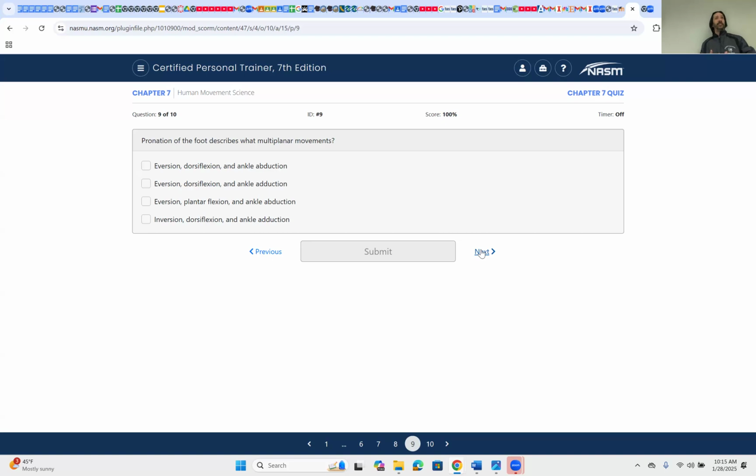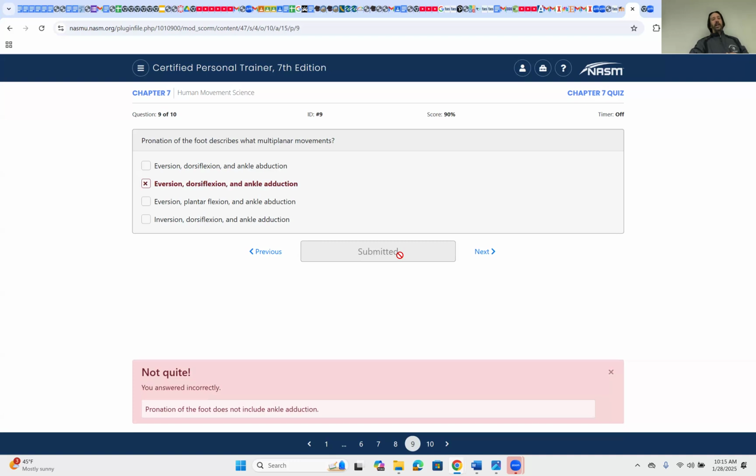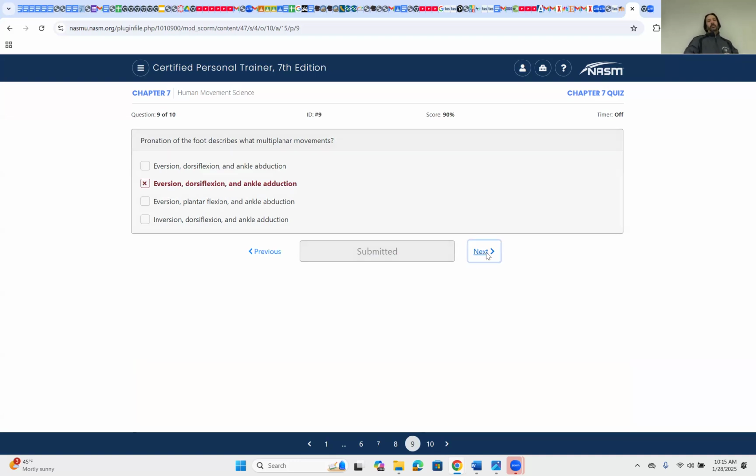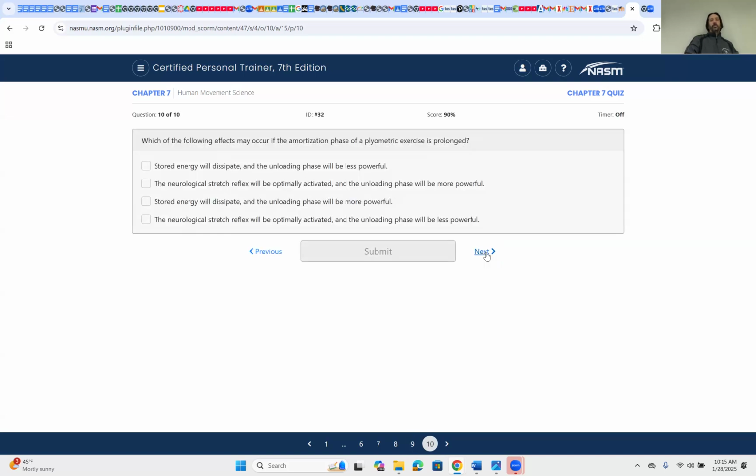You want to go with abduction? Let's just go with abduction because this is a tough question. Pronation of the foot does not include ankle adduction, so it'd be the opposite. All right, we haven't come about that yet.